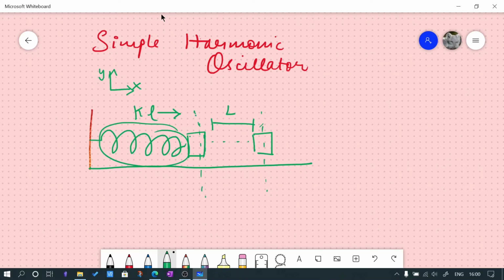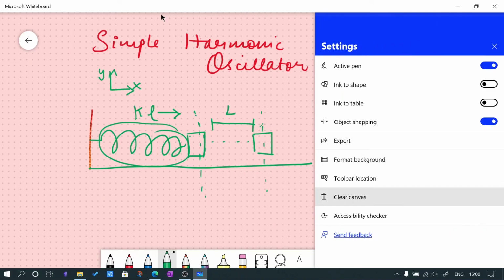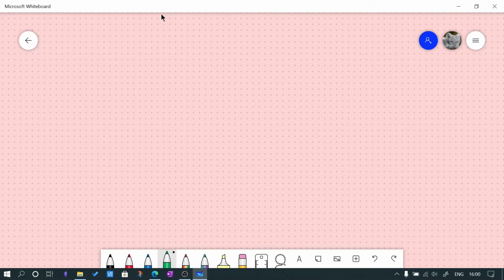Now, trying to solve this equation, on solving these equations, we get this expression.